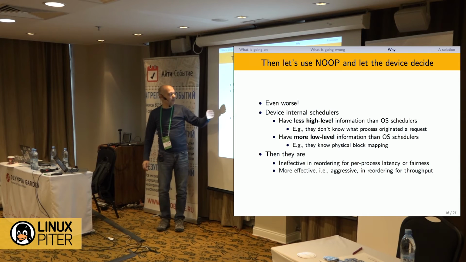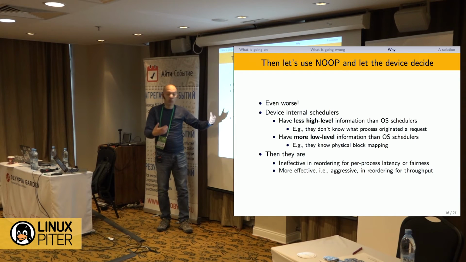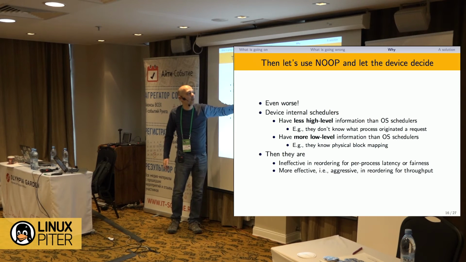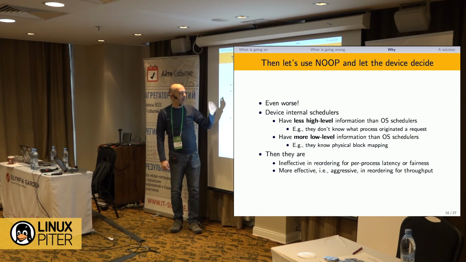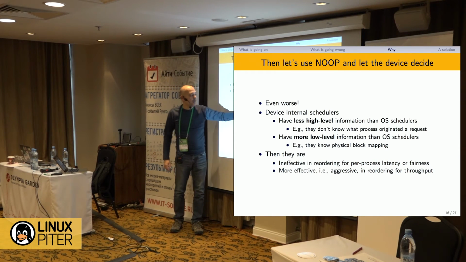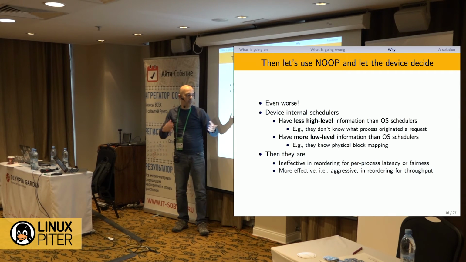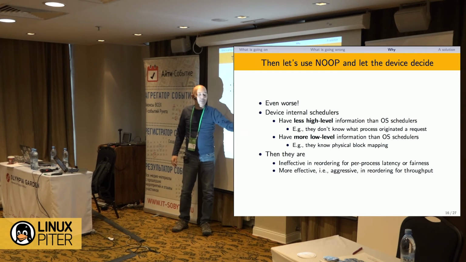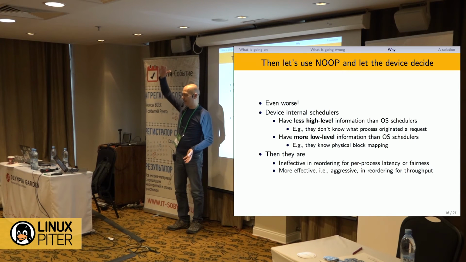Well, the problem gets worse, because internally to the device there is, of course, another scheduler for throughput, and this scheduler has less high-level information, so it does very little about what process originated a given request, but it does know a lot about where the request is, even physically. So the internal scheduler is ineffective in reordering requests to get latency, fairness guarantees, and so on. But it is effective in reordering for throughput, which means that it is aggressive, which means that latency goes up.